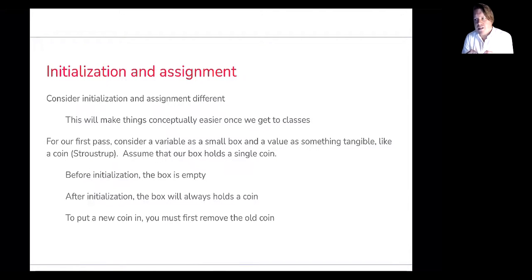If we wanted to assign or give that box a new coin, you first have to take out the old coin in order to put the new one in. You can think about this as the process behind initialization and assignment. It works more or less, but it's not exactly precise in terms of how things are actually working under the hood.